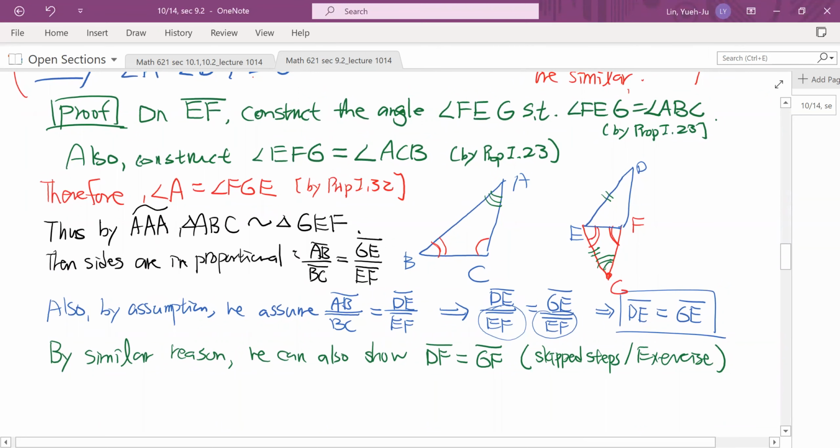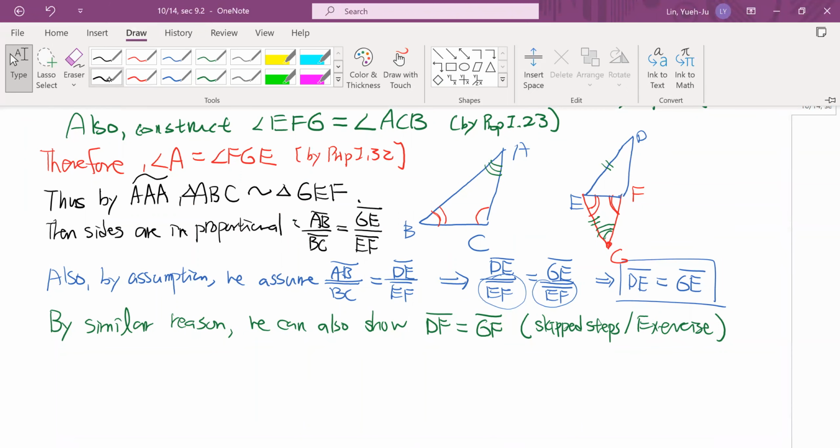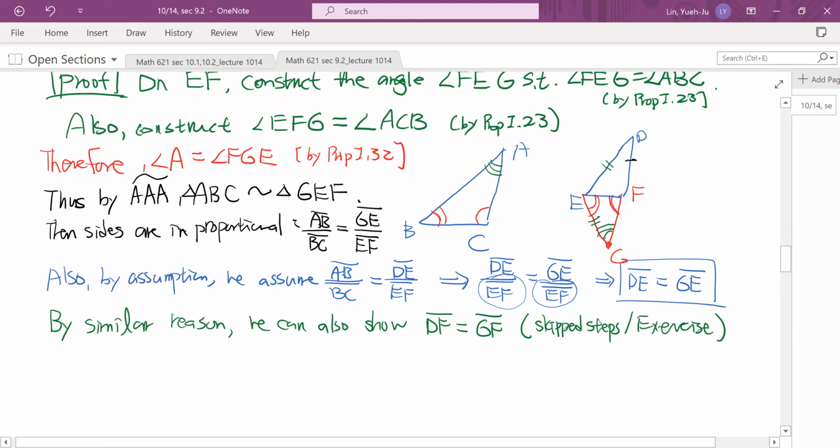So now you have this, right? Now we can create some congruent triangles. Okay, so we have DF equals GF.